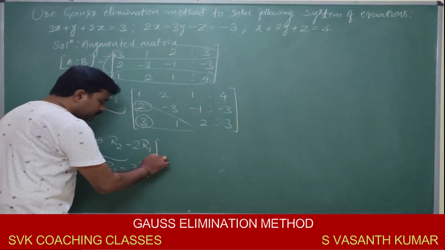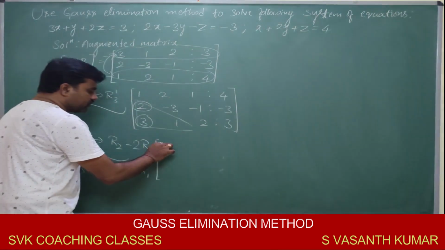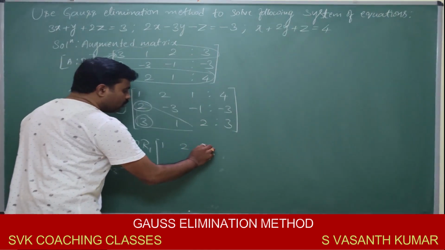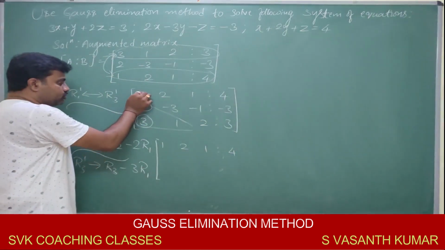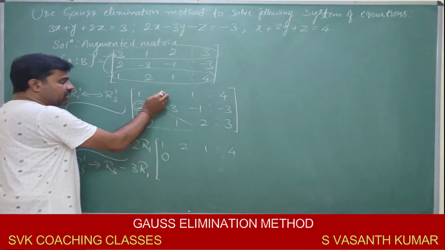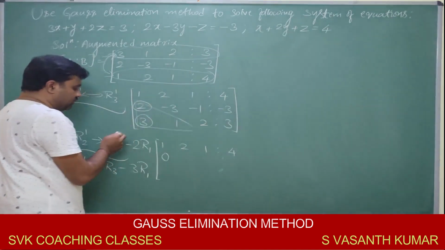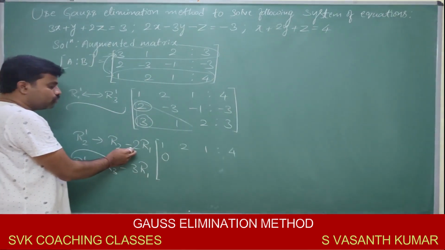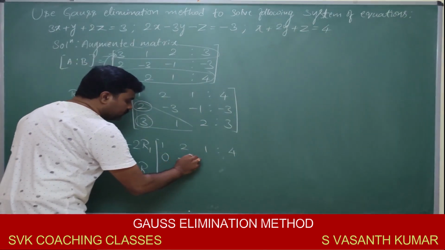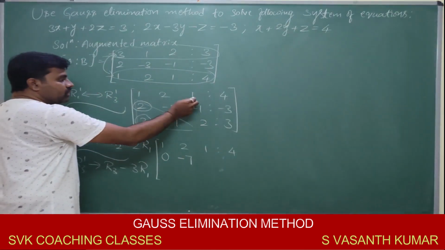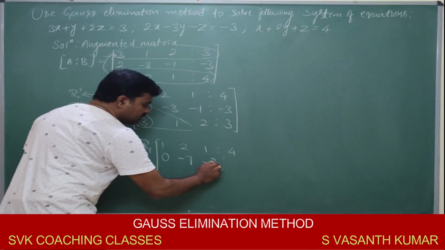So therefore, the first row retains the same: 1, 2, 1 is to 4. 2 minus 2 becomes 0. 3 minus 4, as this whole row is multiplied by 2, so minus 3 minus 4 is minus 7. Minus 1 minus 2 is minus 3.